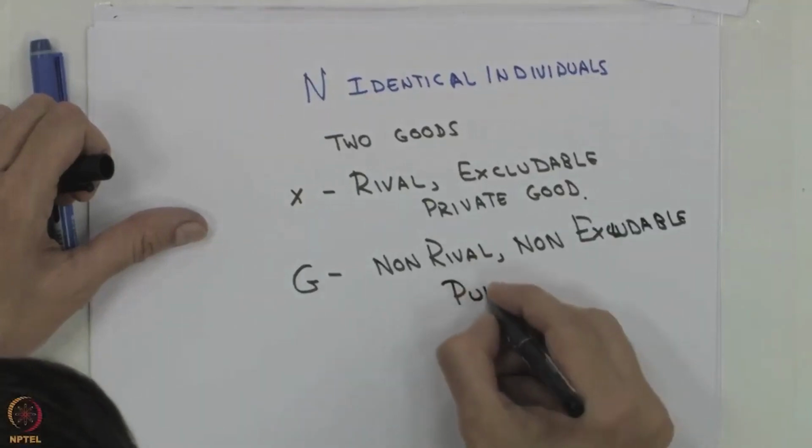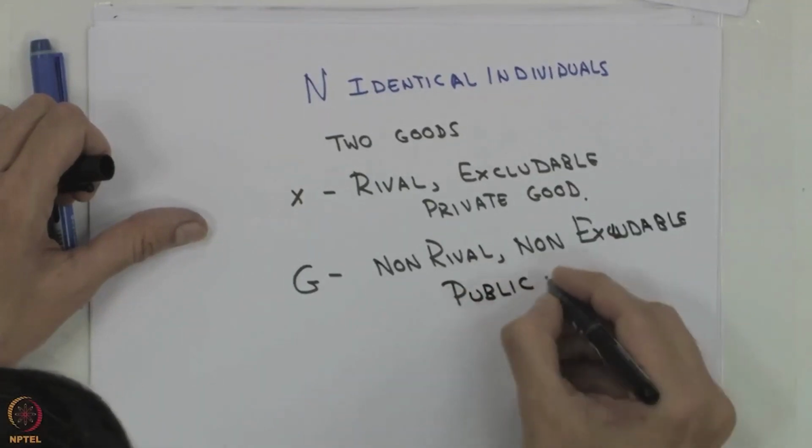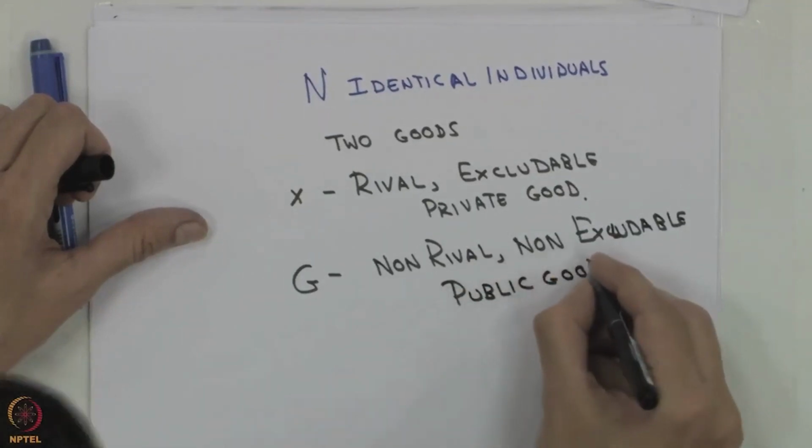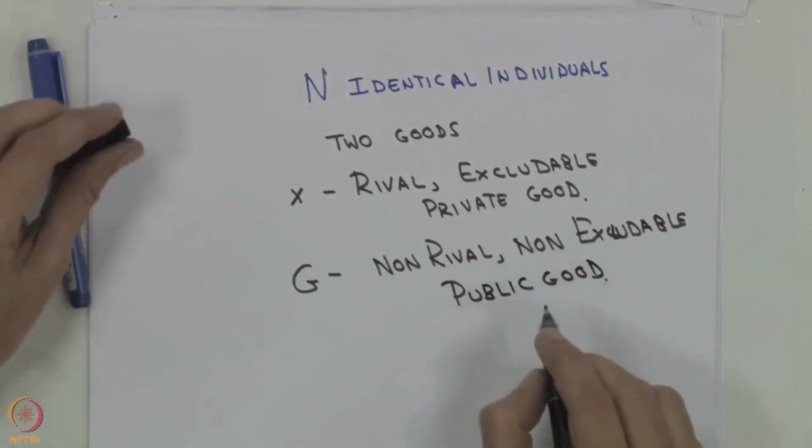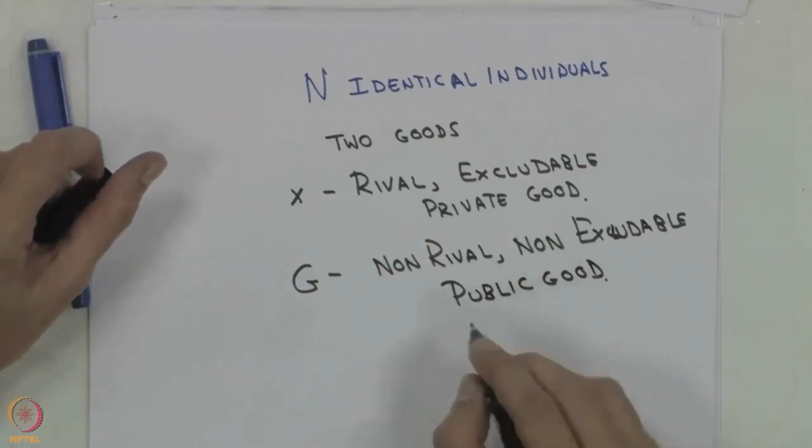Sorry, this should be public good. And though it is a public good, it is possible when it is being provided, it can be provided in the way of a market and it can be bought.